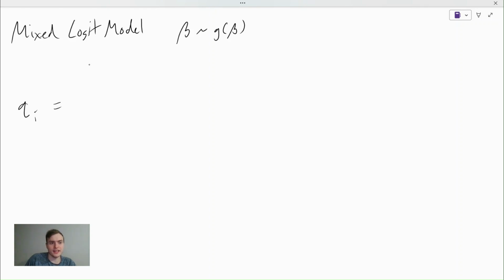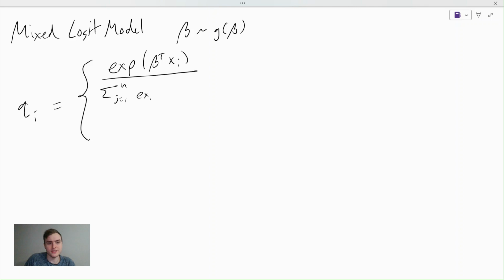So Q of i, if this function was discrete, is the sum of g of beta times exp beta transpose x_i over the sum from j equals 1 to n of exp beta transpose x_j. So this is the same as softmax, but now we're multiplying by g of beta.